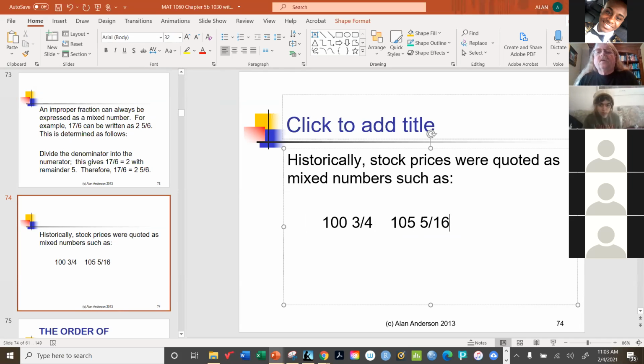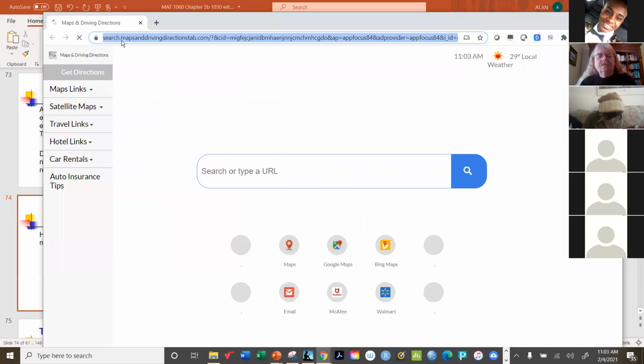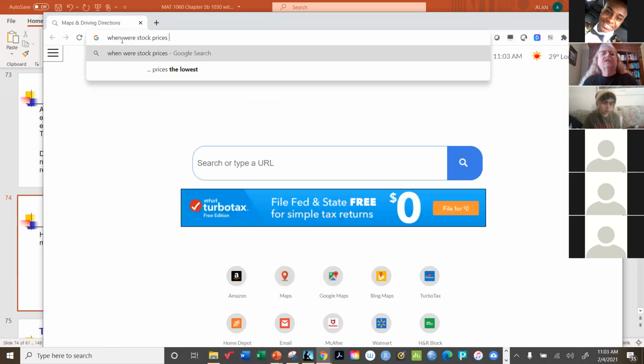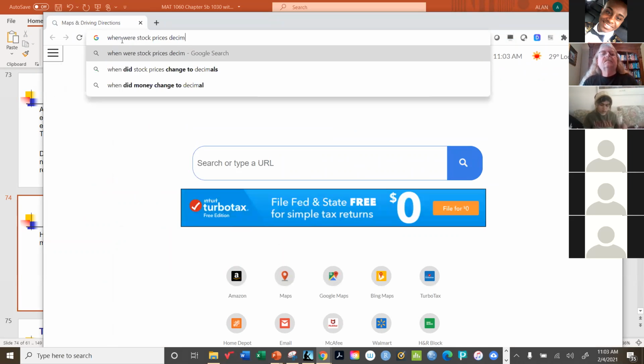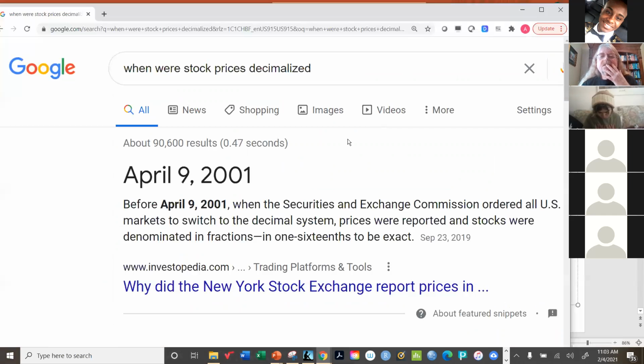That was done for historical reasons, but now they're all decimals, because this is so awkward. But until fairly recently, you'd be surprised how long ago. In fact, why don't we check this out? When were stock prices decimalized? April 9th, 2001. That's not a long time ago.